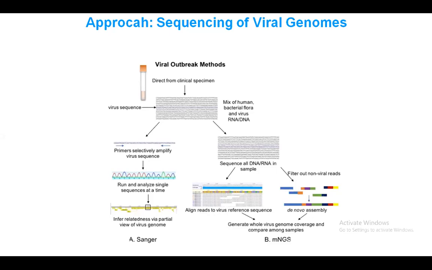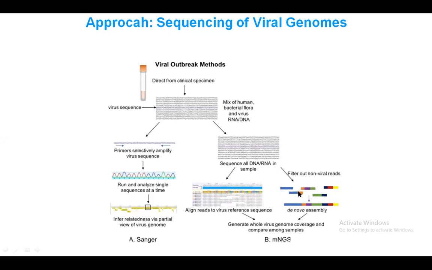Once you have those reads, you align them to a reference genome. That is one option. The second is de novo assembly. You take multiple reads and try to figure out which reads overlap, meaning which nucleotide sequences overlap. Here we have this read, and the other read is this.